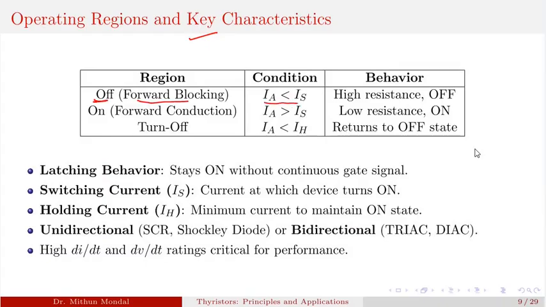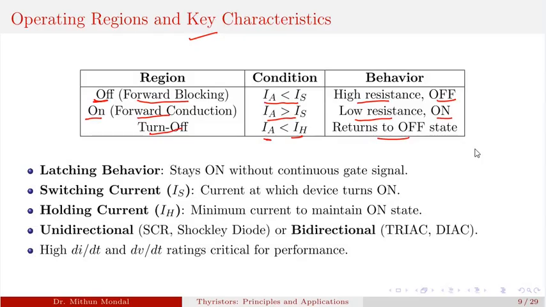When the anode current is less than the switching current, it offers high resistance in the off state. Forward conduction takes place when the anode current is greater than the switching current. The transistor will be on and it behaves as low resistance in the on state. The transistor will be turned off when the anode current is less than the holding current, and it returns to the off state.